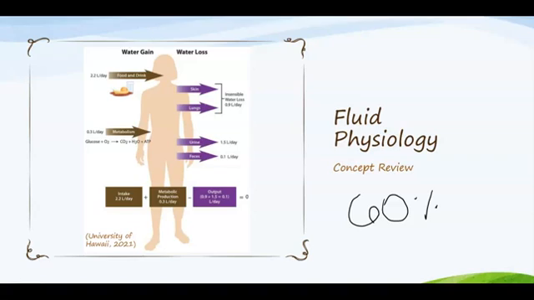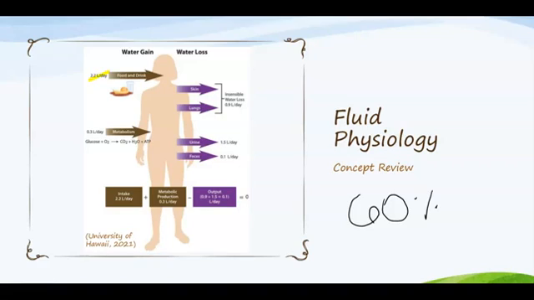So the picture that you see here goes through the different fluid gains and fluid losses that are going to occur on a daily basis in an average healthy adult. So typically, through the food that we eat and what we take in, your average adult takes in about 2.2 liters each day.